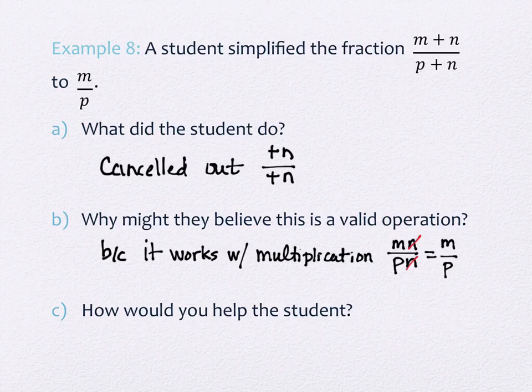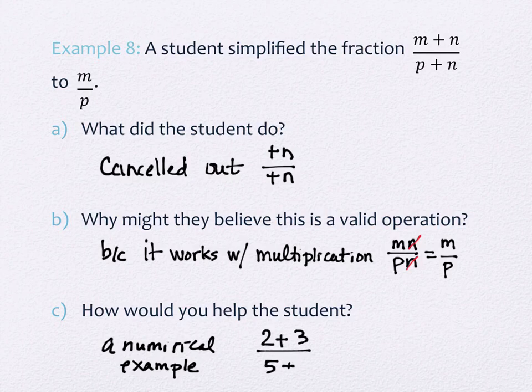Yeah. Plugging in numbers, examples, is a really good way of doing that. So a numerical example. Extraordinarily helpful. So we're going to do a numerical example, making the numbers like this. We just need the same value added to the top and the bottom.